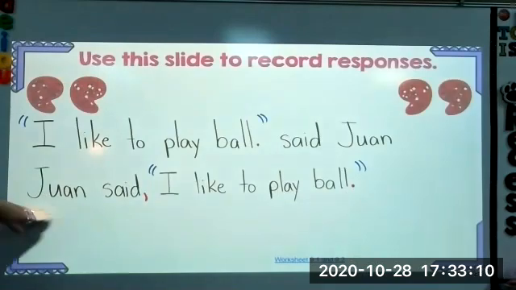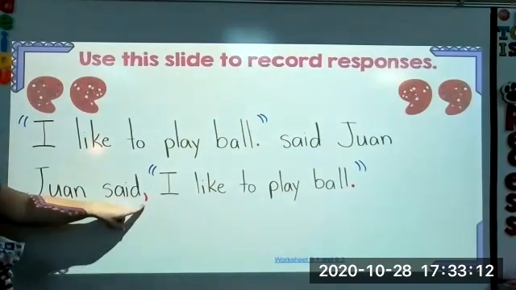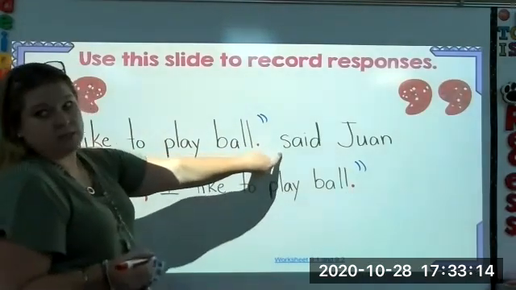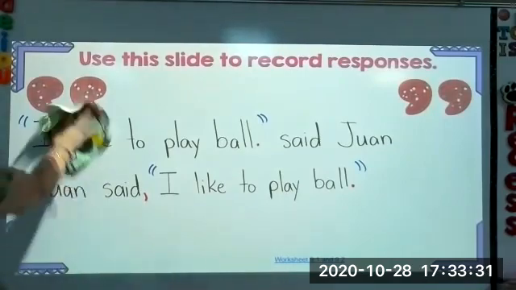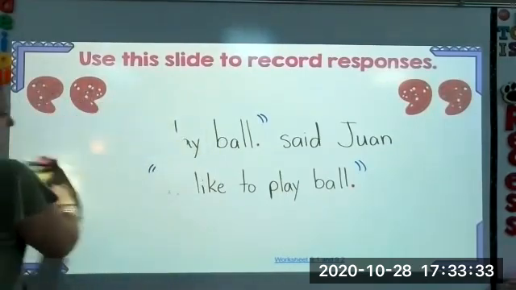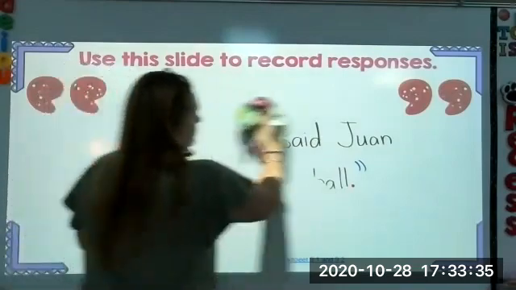This one has a comma after said. This one does not. So depending on whether it says Juan said or said Juan, that decides whether or not there is a comma in that sentence. I know quotation marks are hard to get a grip on. That's why we're going to keep practicing, okay?